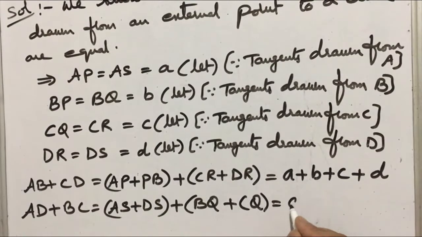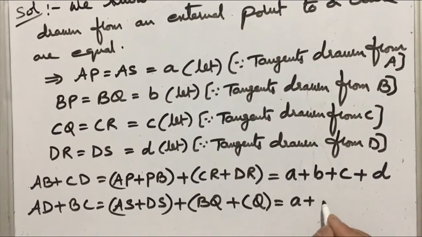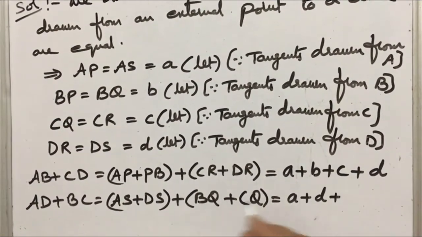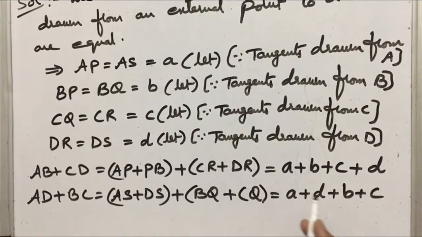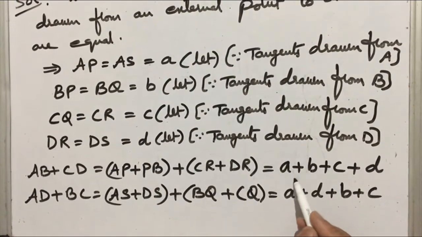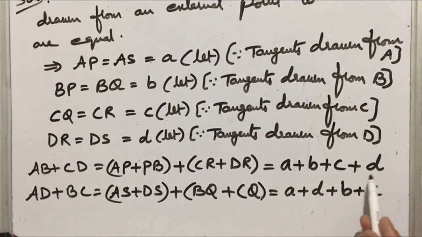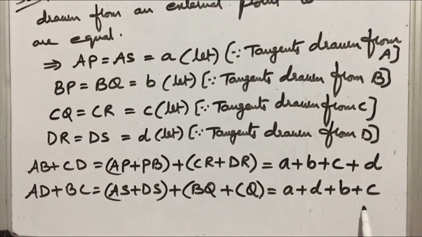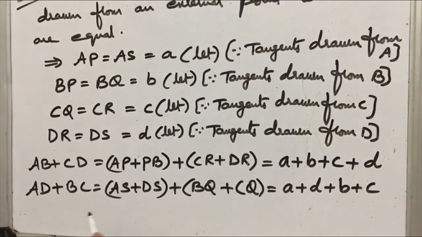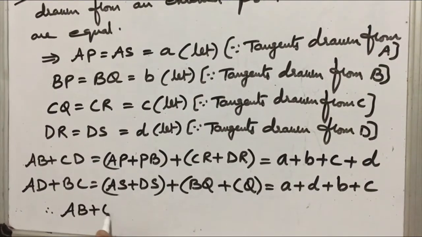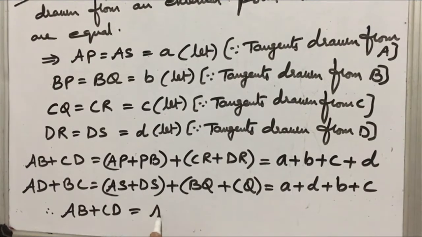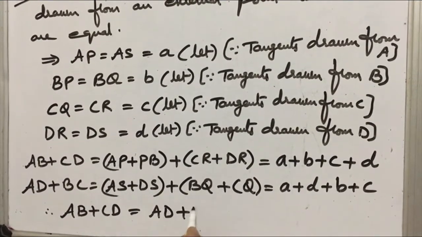AS is nothing but small a, DS is small d, BQ is small b and CQ is small c. So look at this, this is a plus b plus c plus d. Here also the same thing we got. So from these two we can say that therefore AB plus CD is equal to AD plus BC.